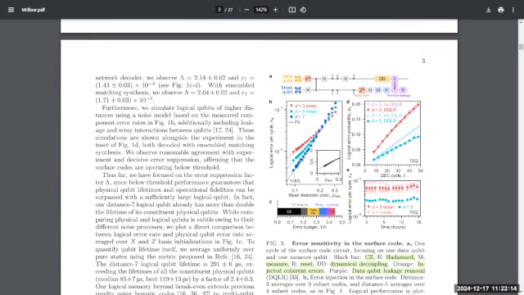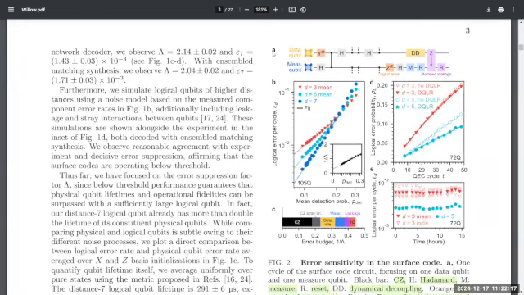What they're doing here is this circuit A, where you have a data qubit and a measurement qubit, and you introduce some intentional errors. They have a continuous Y gate or rotation, and then also a Z alpha rotation, and they inject some error here. They can change the value of this error by changing the rotation angle alpha.